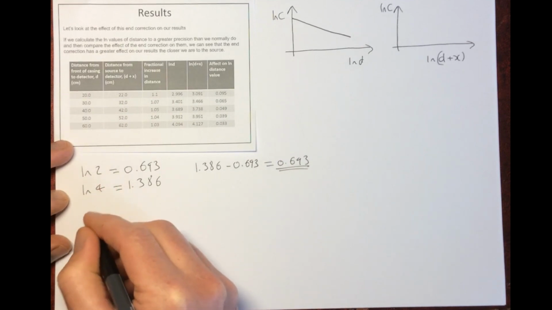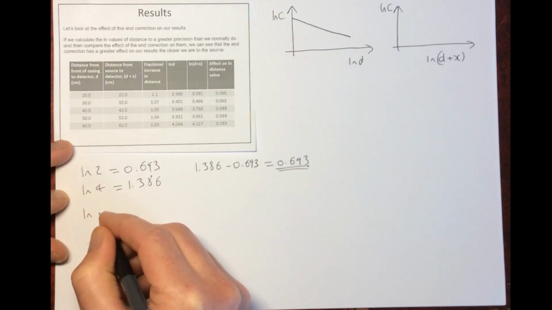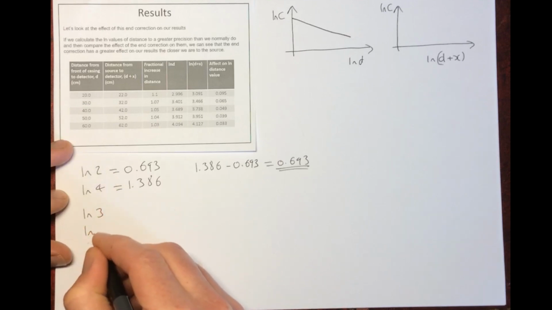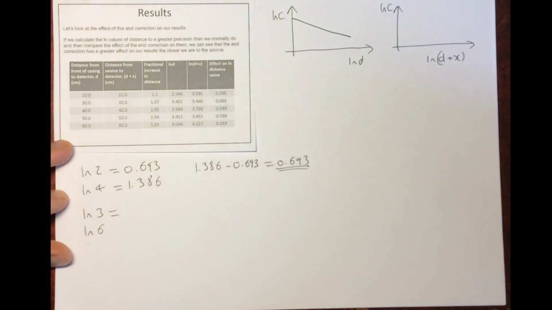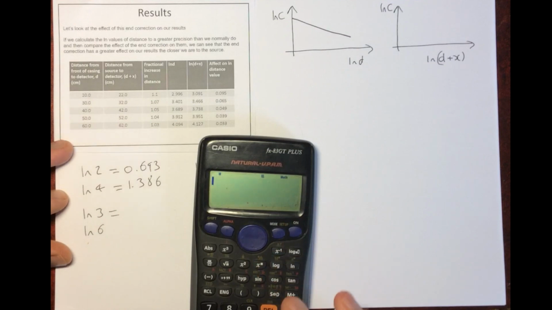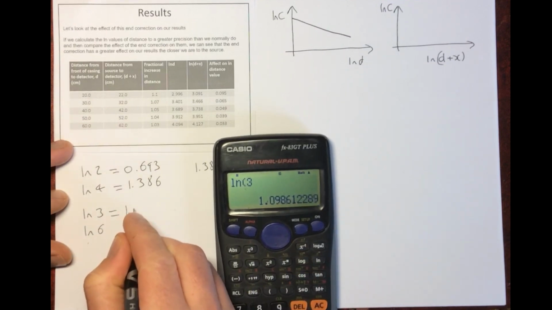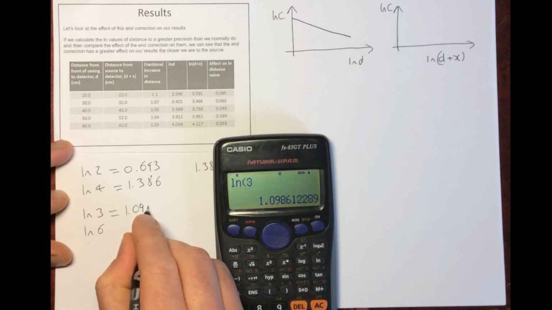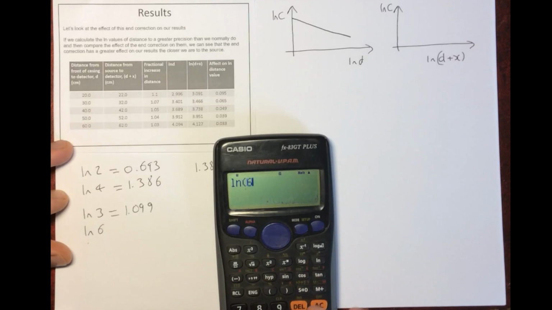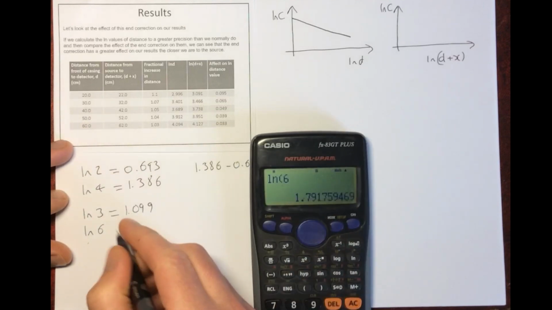Now, if you do this again with different values, because that might just be for 2 and 4, let's have a look. Let's do ln3 and ln6. If you do ln3 on your calculator, you're going to get 1.099, and ln6 is 1.792.